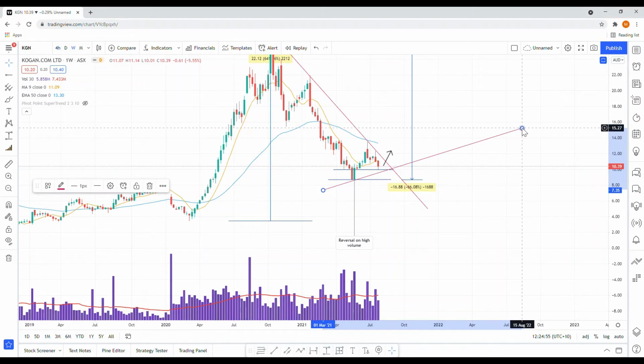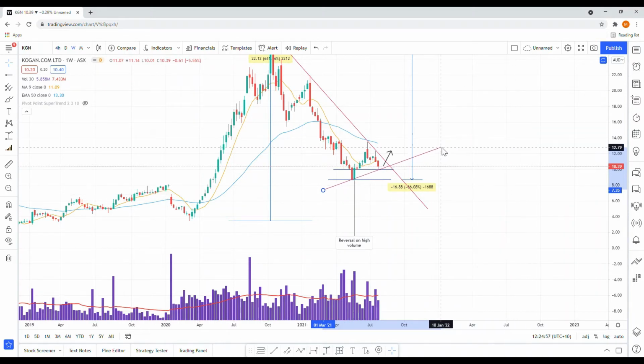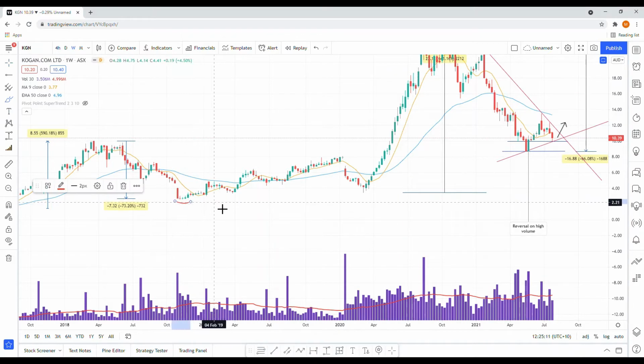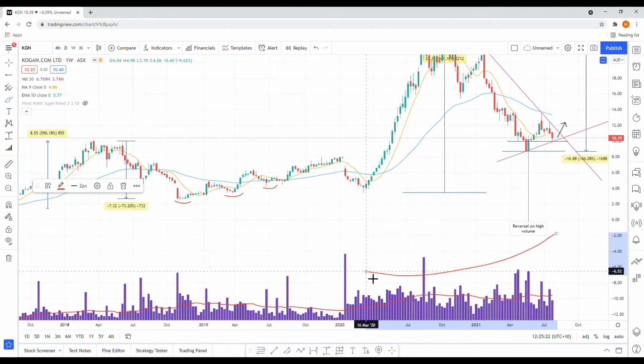Just thinking, I don't know, this may be the next higher low. See here, this is my drawing tool. So this is the low, and you can say this is the next low, this is the next one.